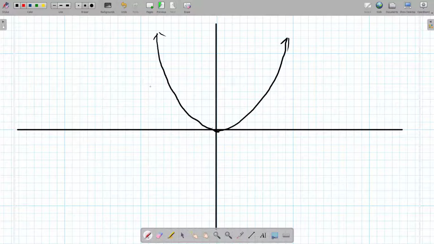Parabolas can also be stretched and compressed. What I mean by this is if we have this parabola in black, it can be stretched vertically, meaning it's going to get skinny. It's going to get more narrow.